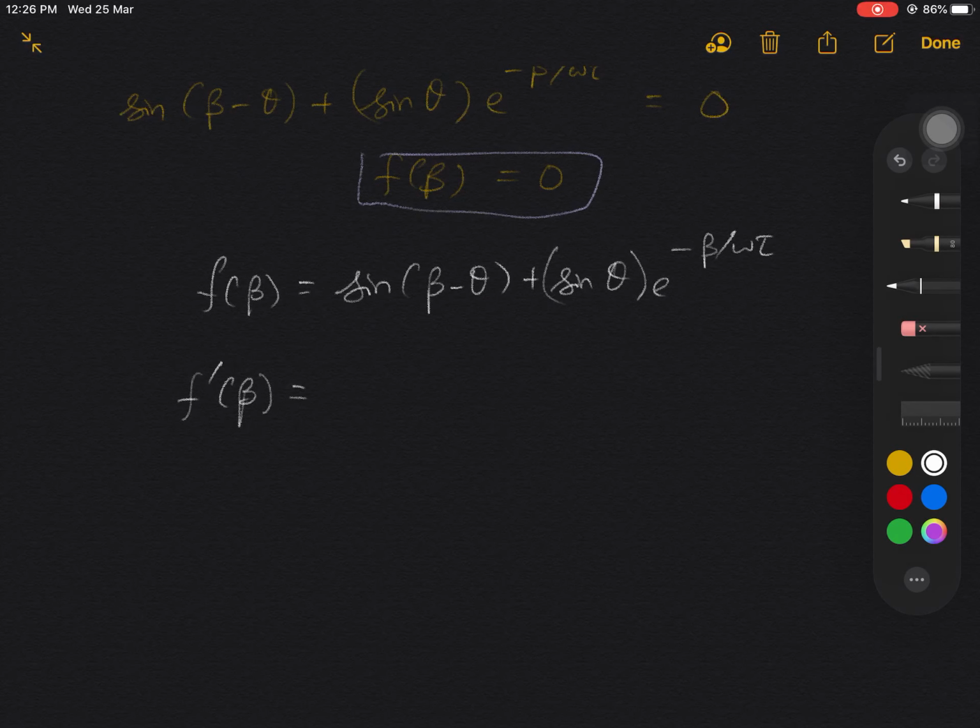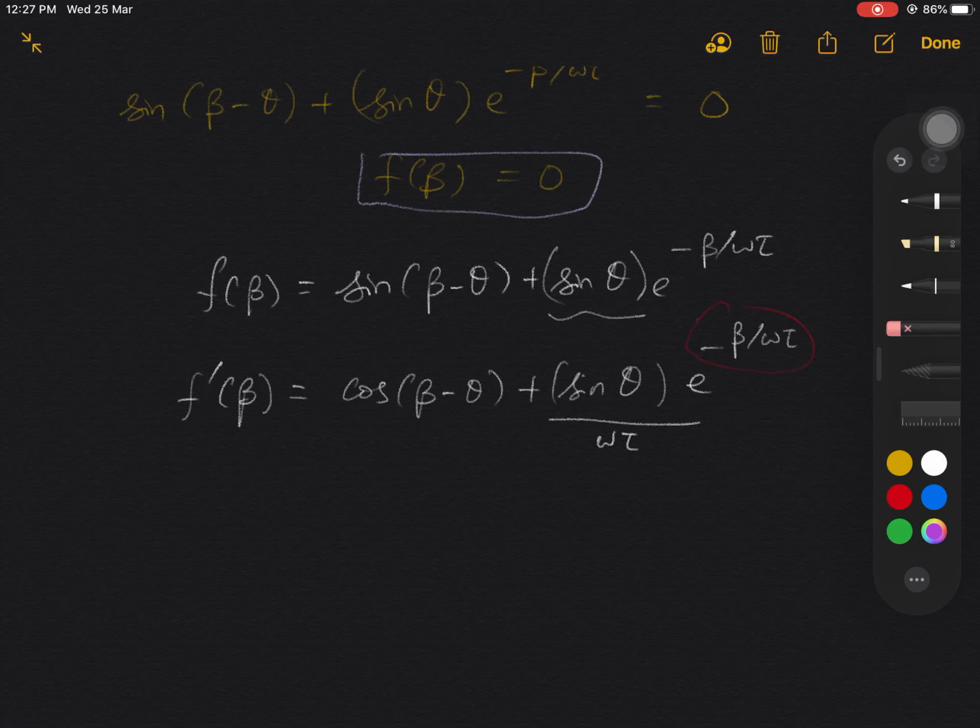So f prime beta is cos of beta minus theta plus, since sine theta is a constant, just copy that. The derivative of exponent negative beta over omega tau is also exponent negative beta over omega tau, multiplied by the coefficient of beta, which is negative 1 over omega tau.